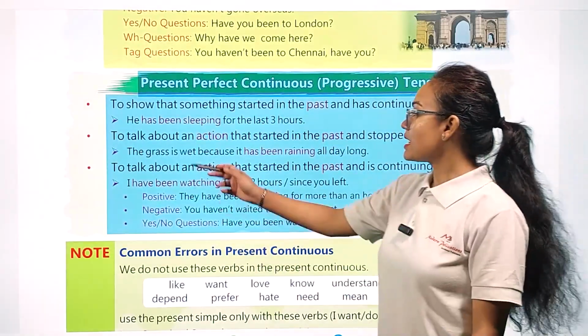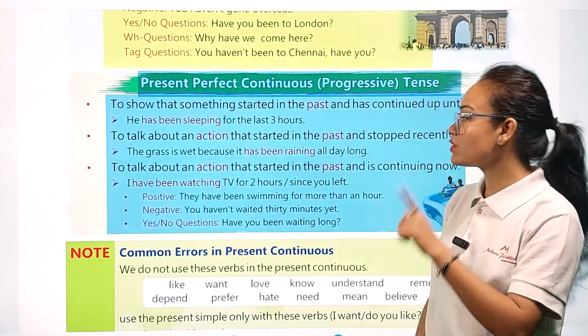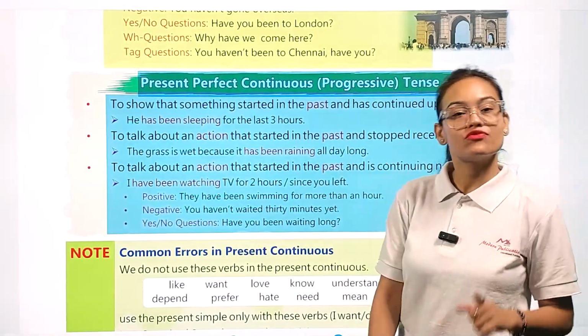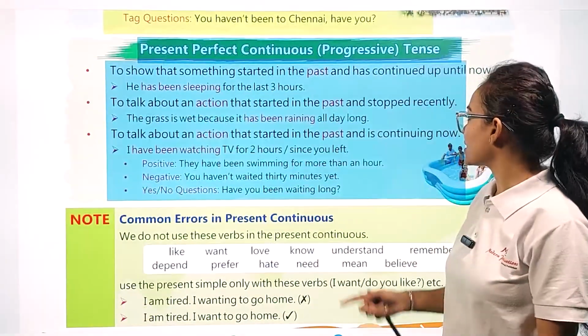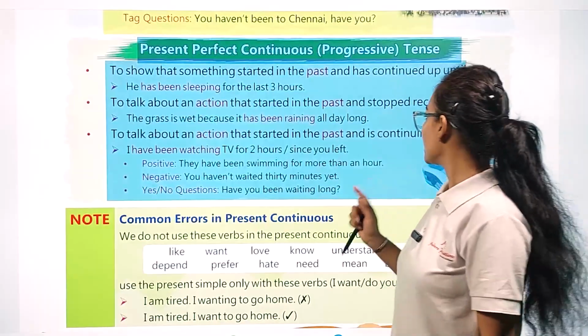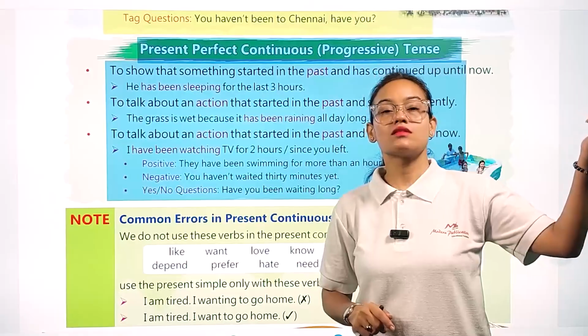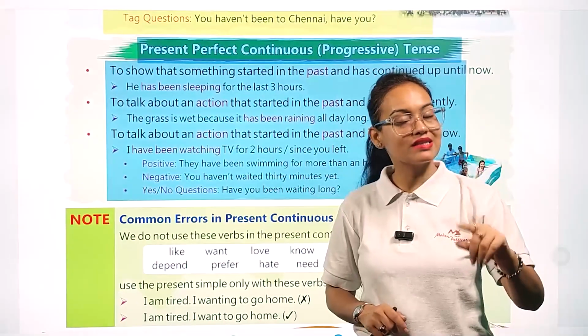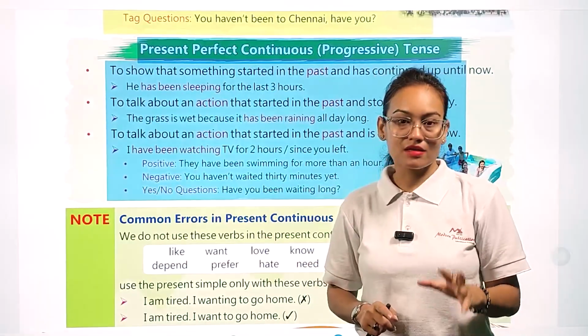Okay, the grass is wet because it has been raining all day long. This is your example which shows our present perfect continuous. Okay, then to talk about an action that started in the past and is continuing now. Whenever any action started in the past and that action is still ongoing.